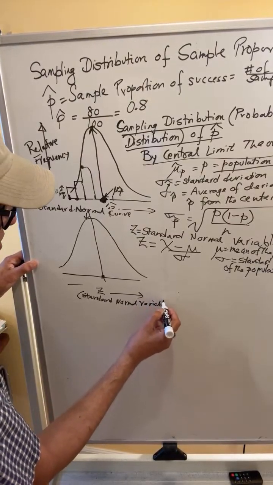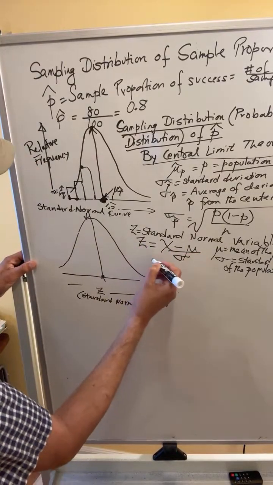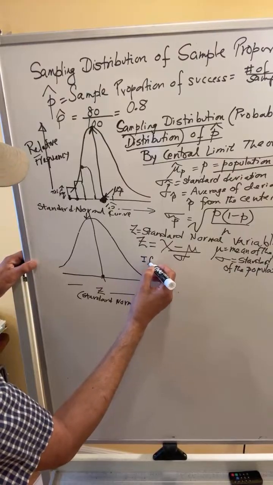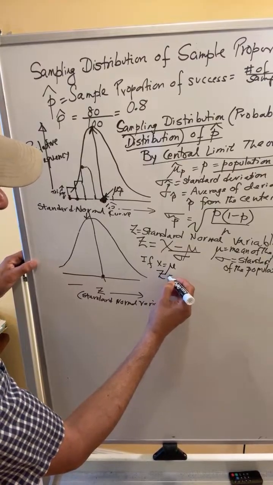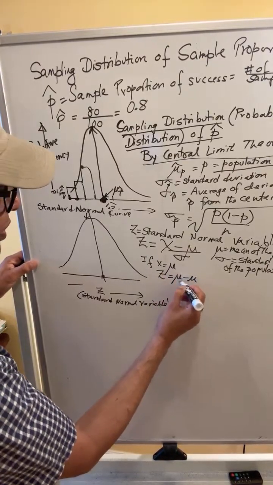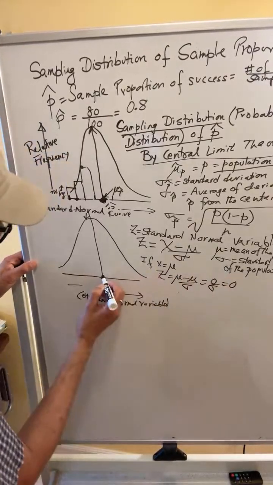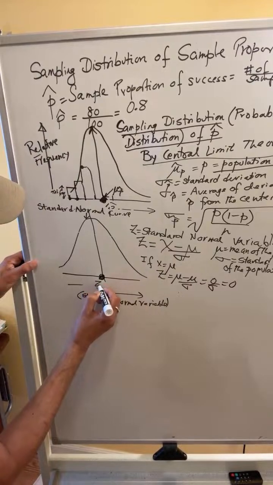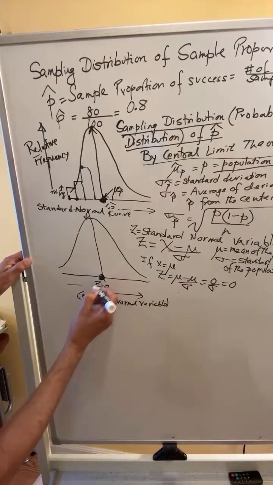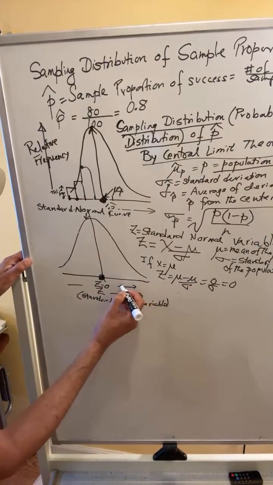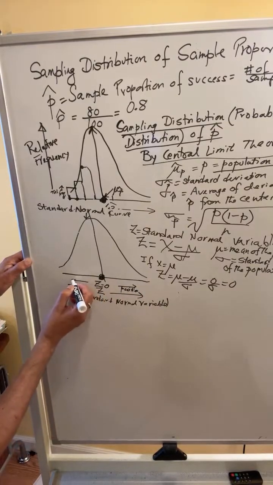What is the advantage of this curve? If x is equal to mu, then what happens to z? Z is equal to mu minus mu by sigma, or 0 over sigma, which is 0. That means the center of this curve is z equal to 0. Now you know on a number line, if 0 is in the center, the right side of 0 will be positive, and this side will be negative.